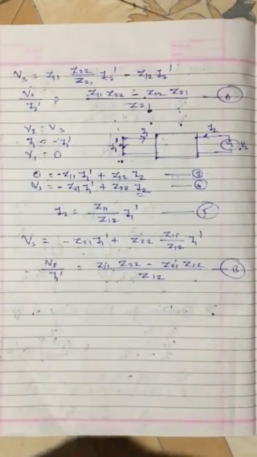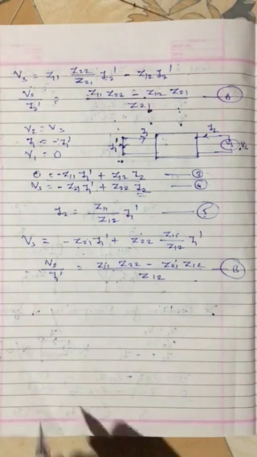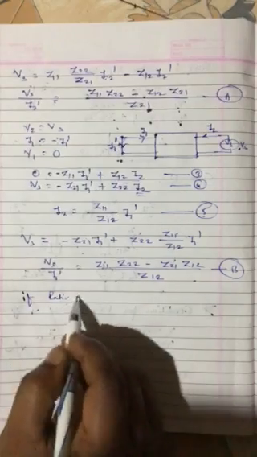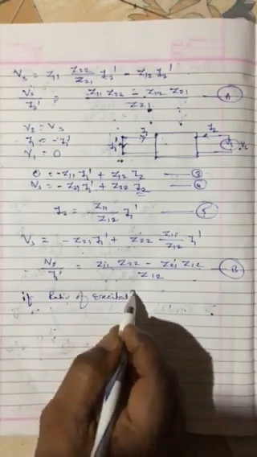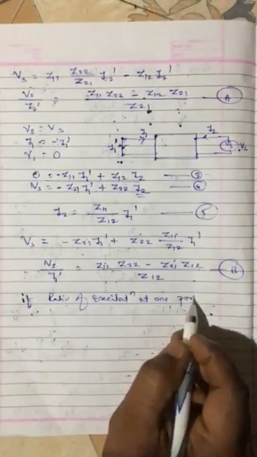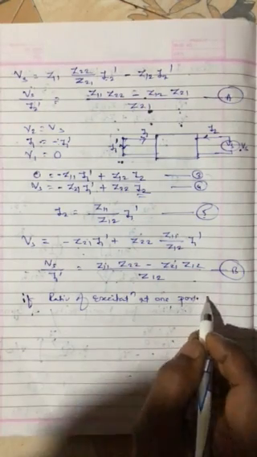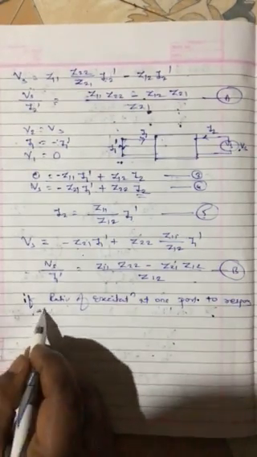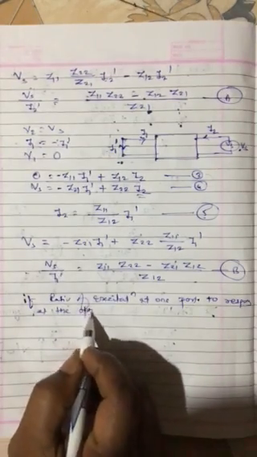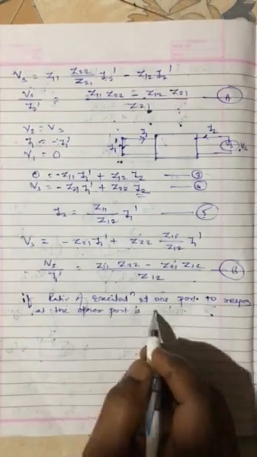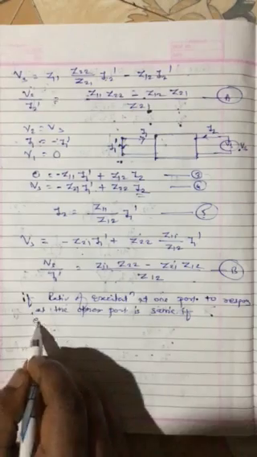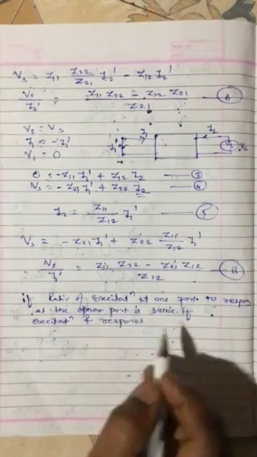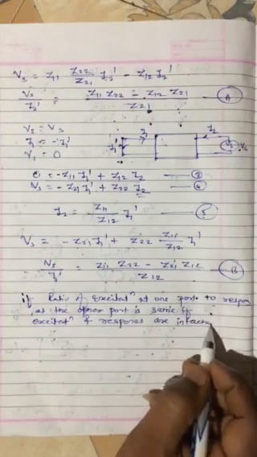Now as you know, we were finding the condition for reciprocity, and the definition of it is: a network is said to be reciprocal if the ratio of excitation at one port to response at the other port is the same if excitation and response are interchanged.